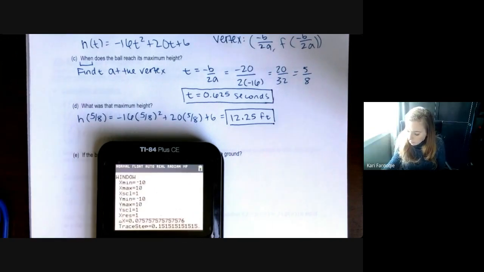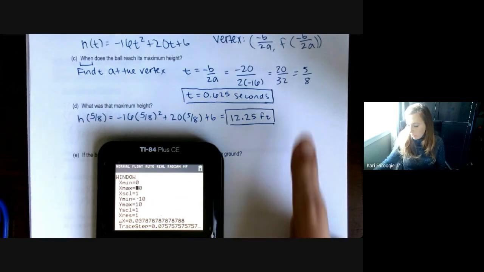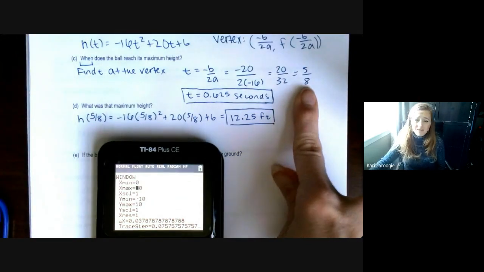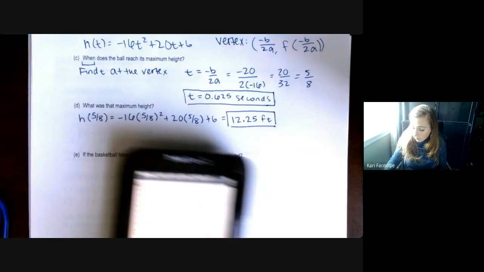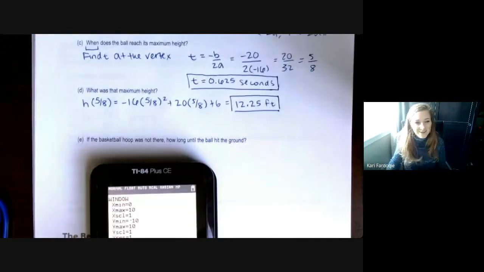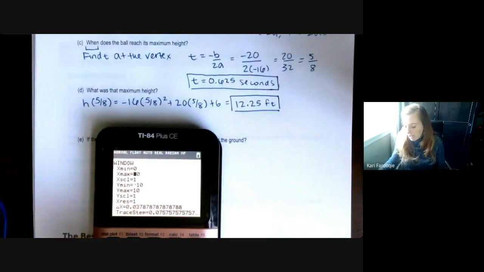If you know that you're only going to be using positive values of t, set your minimum x value to be 0. And we know that the vertex is occurring at about 5/8. So that's the midpoint. So this is not going to be in the air that long. We're going to find out when it hits the ground next, and I'll show you how to do that, and then we'll verify it.